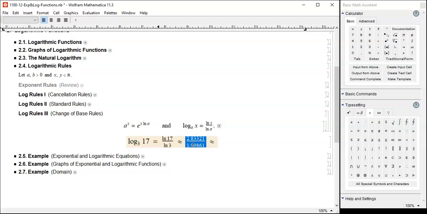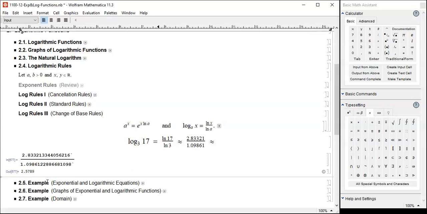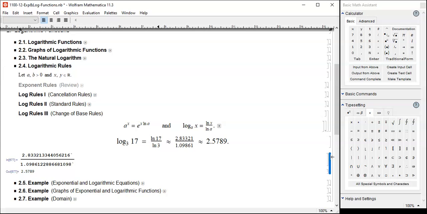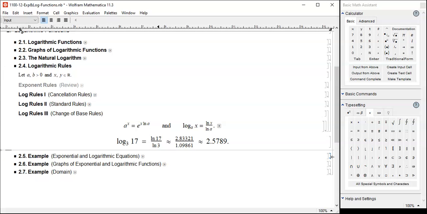So calculate this, one over the other, and you're going to get 2.57 something. Yes, that's how you can do your computation, using the change of base formula here. So any logarithm, you can change it into natural logarithm.